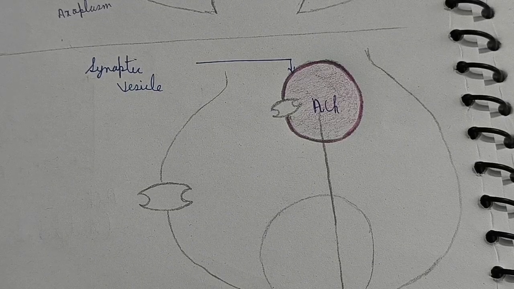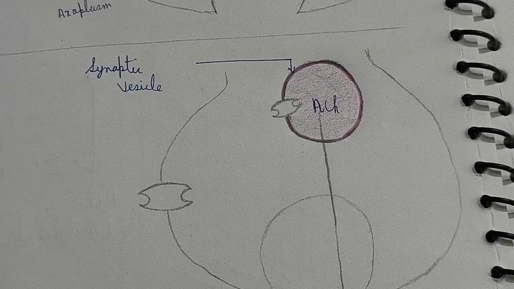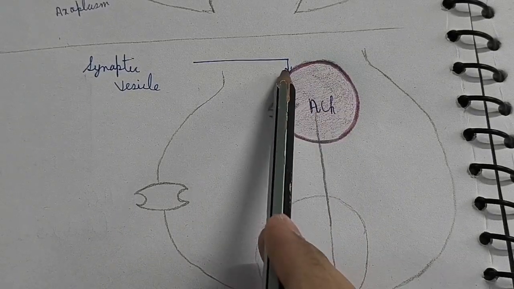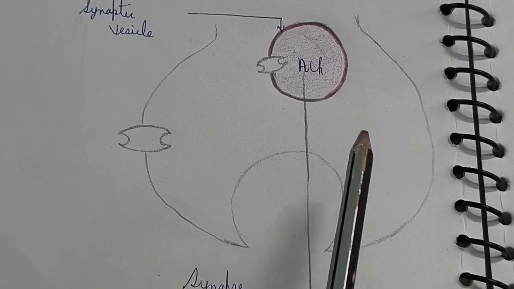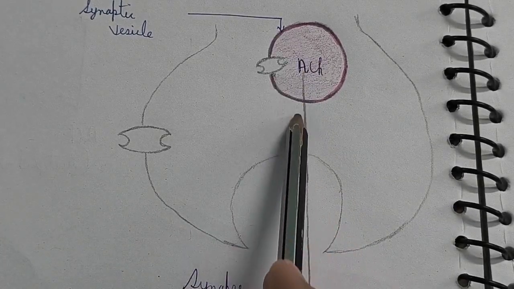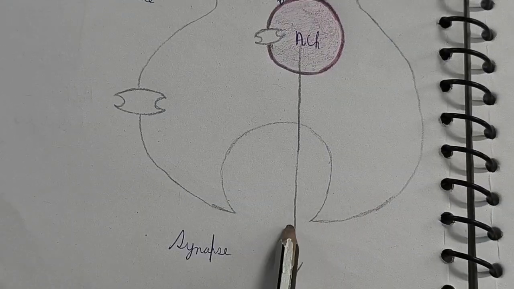Now I am going to explain the release of acetylcholine. As you already know, acetylcholine is stored in the synaptic vesicle. Now finally this acetylcholine is released from the synaptic vesicle and goes into the synapse.